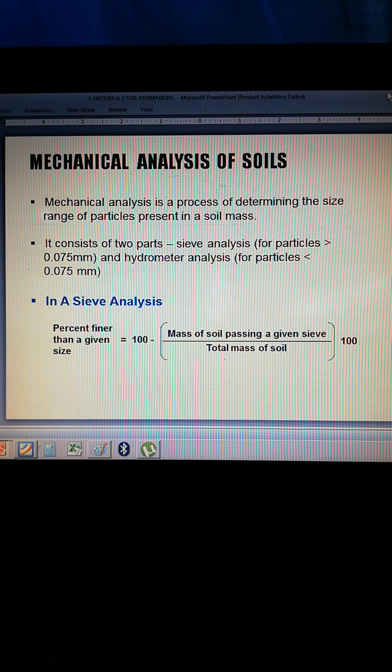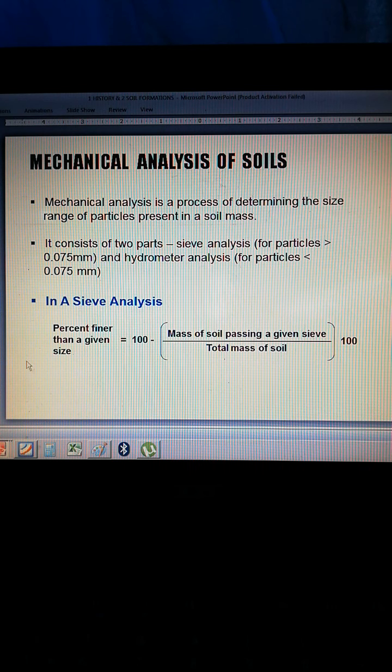In sieve analysis of soil, we have a formula that we can make use of, which is more of a general formula. You have percent finer than a given size is equal to 100 minus mass of soil passing a given sieve divided by total mass of soil times 100.